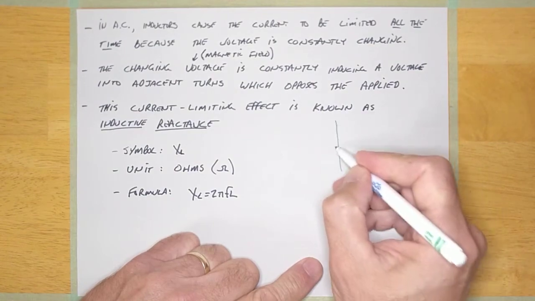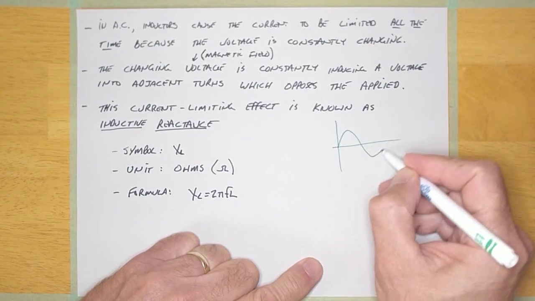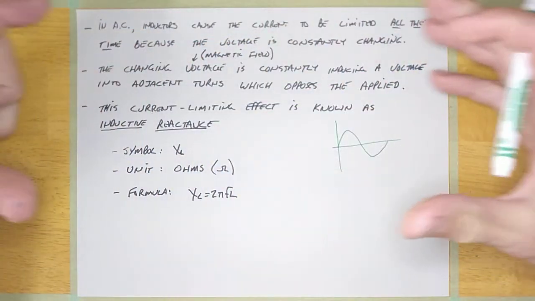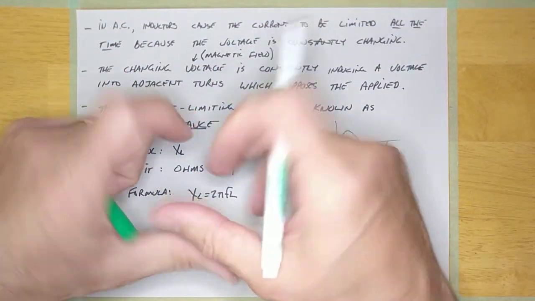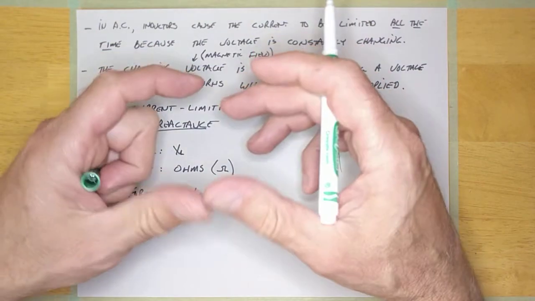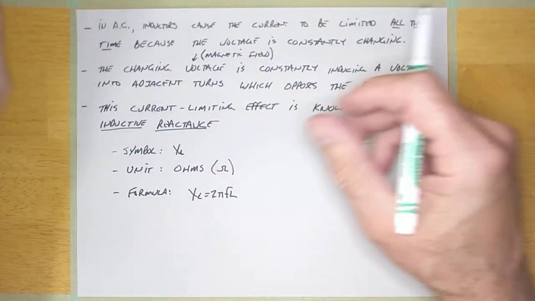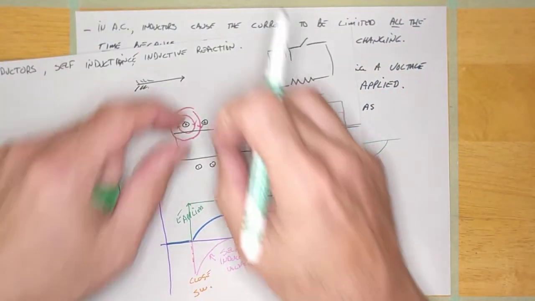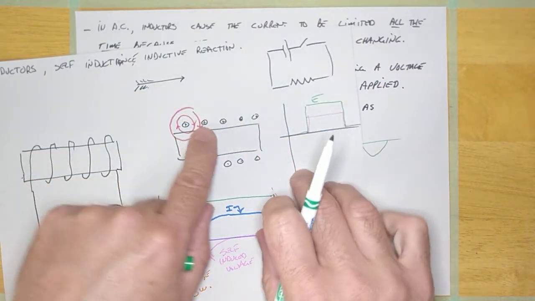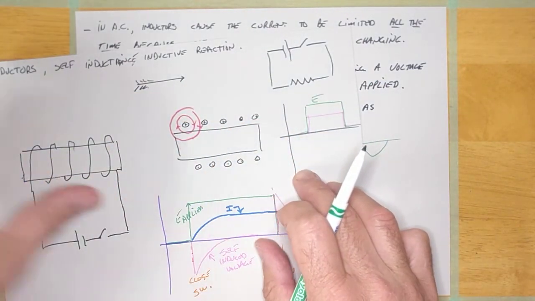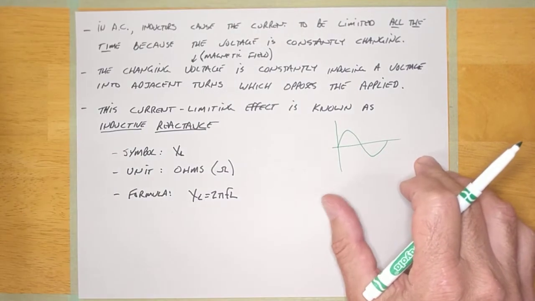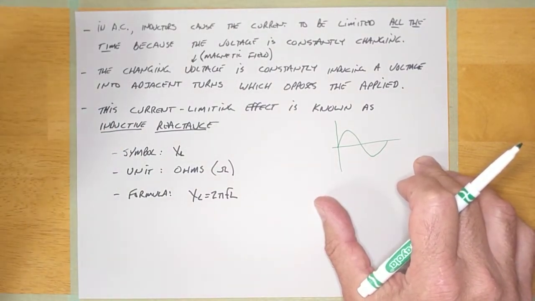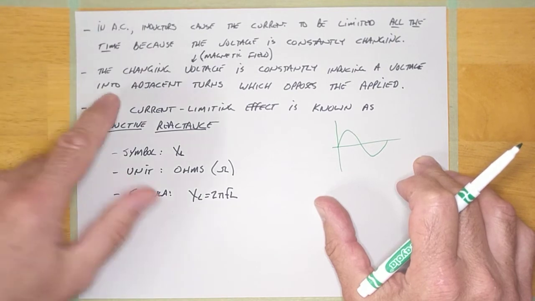You guys are fully aware that the voltage is going to go like this, and so that magnetic field is going to be expanding out, collapsing, reversing, expanding out, collapsing, reversing, and that changing magnetic field will constantly be inducing a voltage into these adjacent conductors, and that voltage will always be opposing the applied voltage, okay?